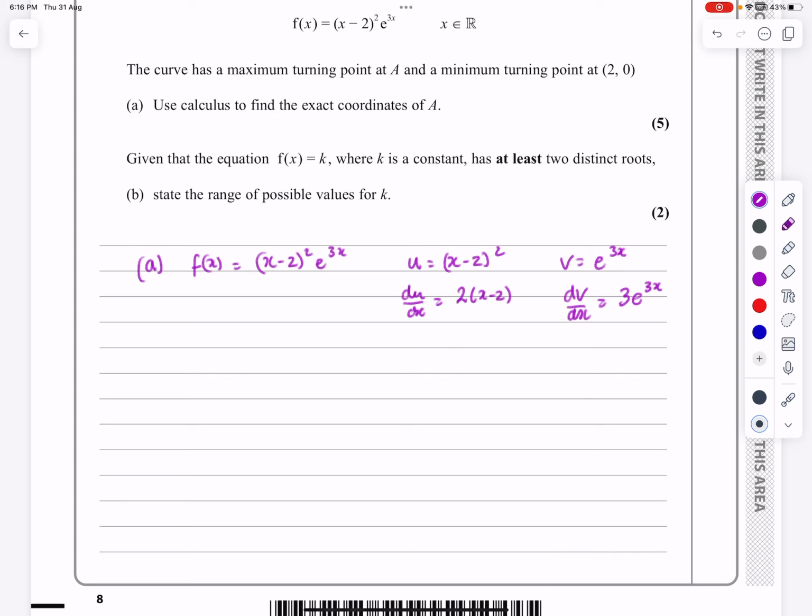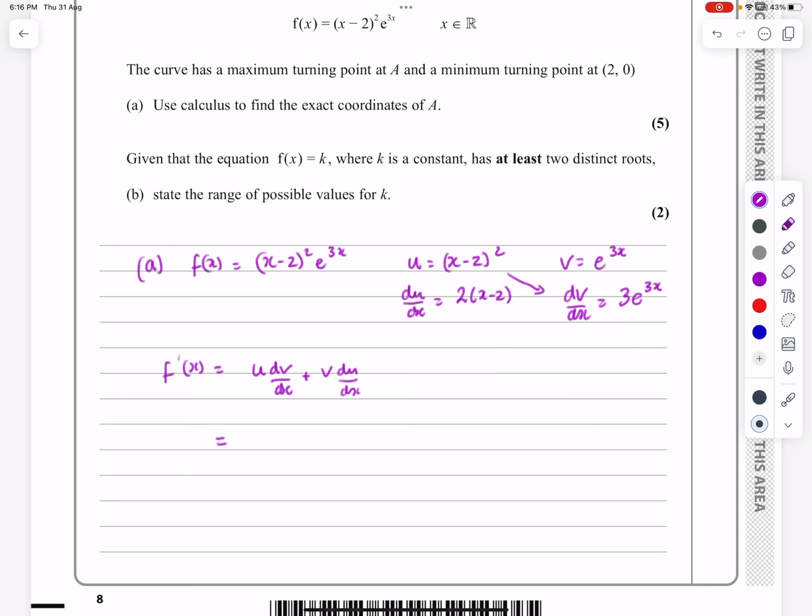Once we've got that, f dash x, using the product rule, is u dv by dx plus v du by dx. So u dv by dx is those two. I'm going to multiply that out.